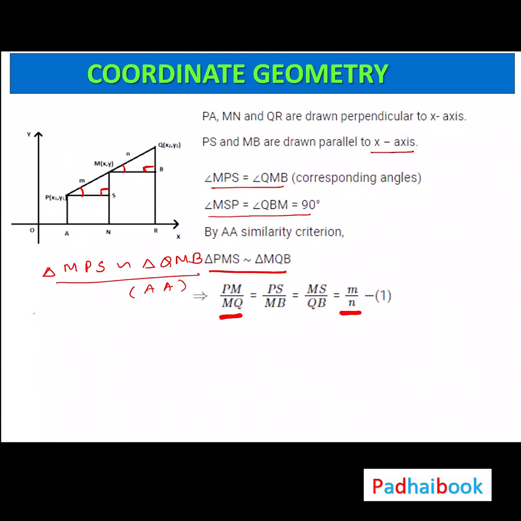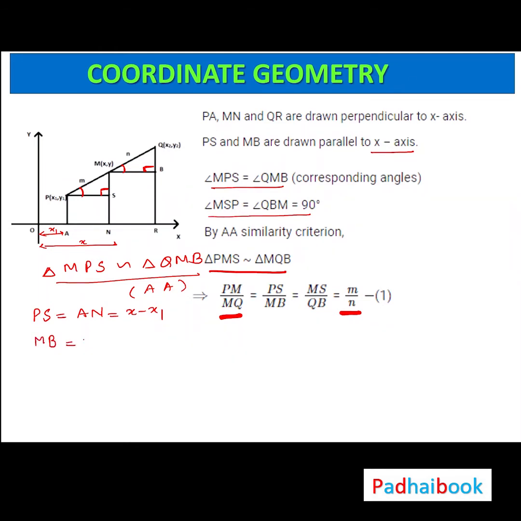Let's find PS now. See here, PS will be equal to AN and that will be equal to x minus x1. Right? Here this distance is x1 and this whole distance is x. So AN will be equal to x minus x1, which is equal to PS. Similarly, let's find MB.